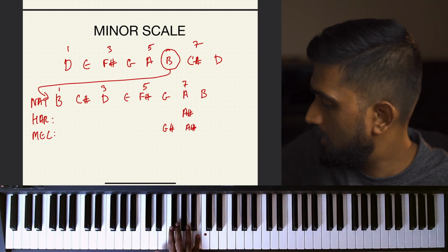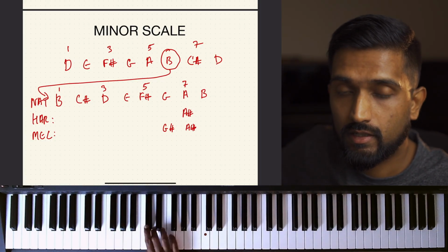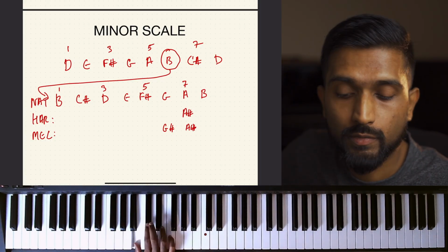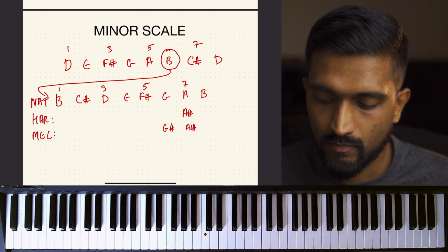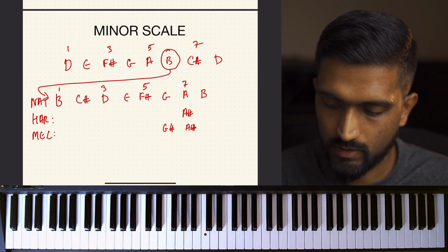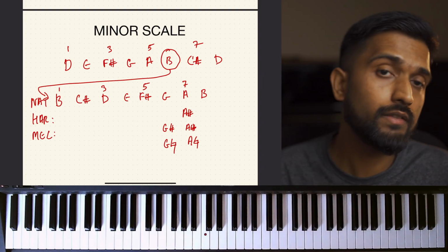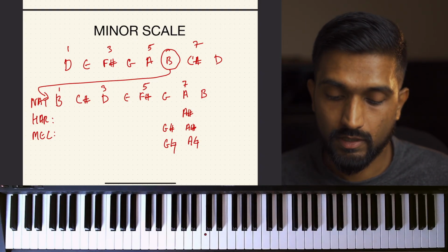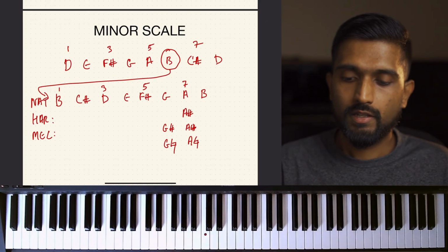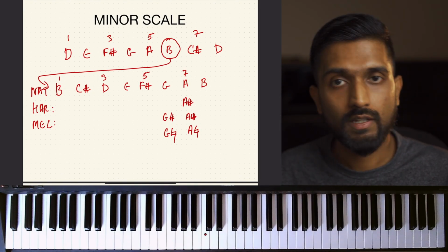So you get A, G, F sharp, E, D, C sharp, and B. While coming down, these become natural. And of course, you play the F sharp and the C sharp because they are part of the natural minor scale. So that's the natural minor, the harmonic minor, and the melodic minor.